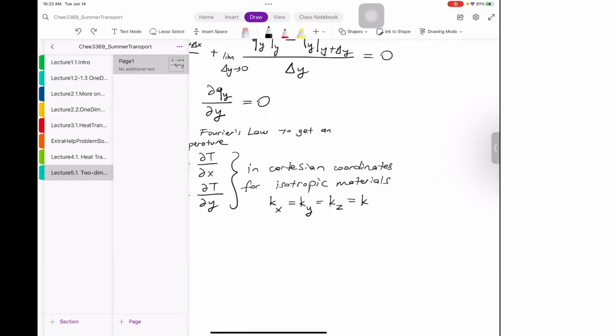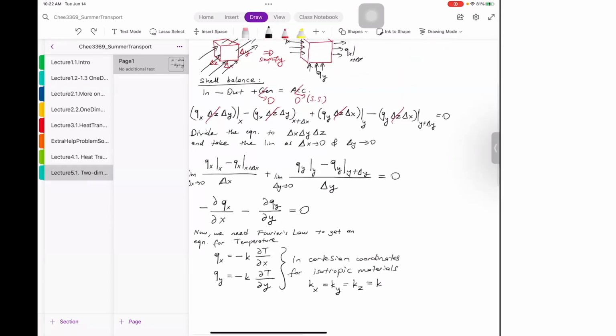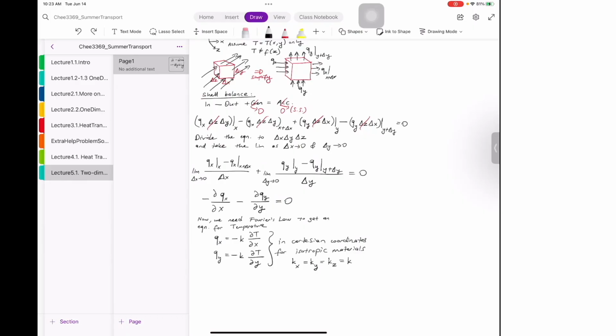Some materials have different heat conductivities along different directions. One example is beef. If you cook the beef in different directions, it's going to have a different heat conductivity, and it's going to actually cook in a different amount of time, depending on which direction the muscle fibers are aligned. So there are materials, really, in reality, that have different heat conductivities along different directions.